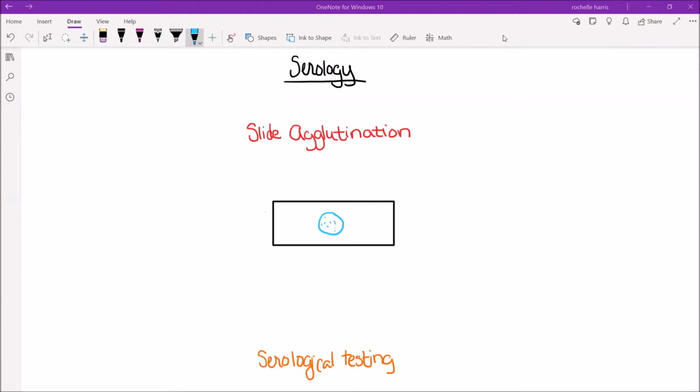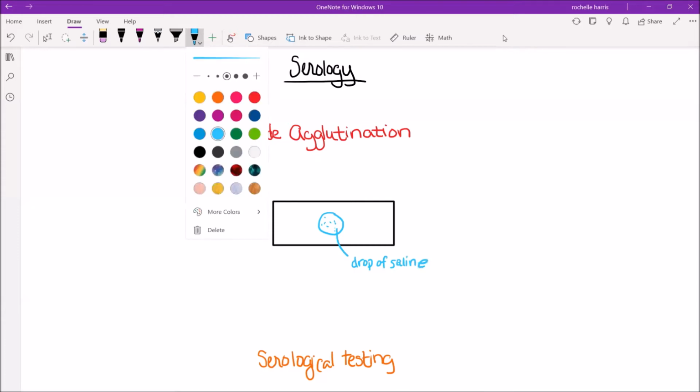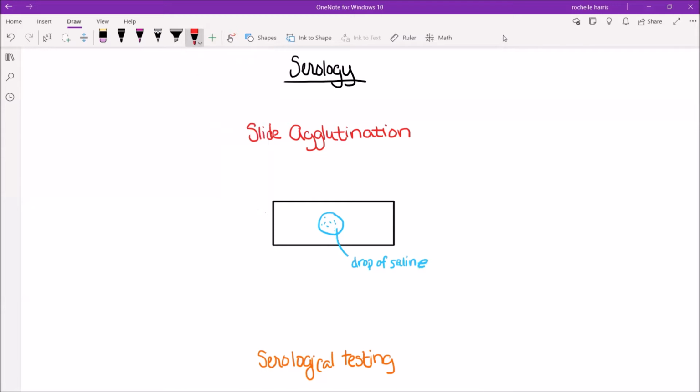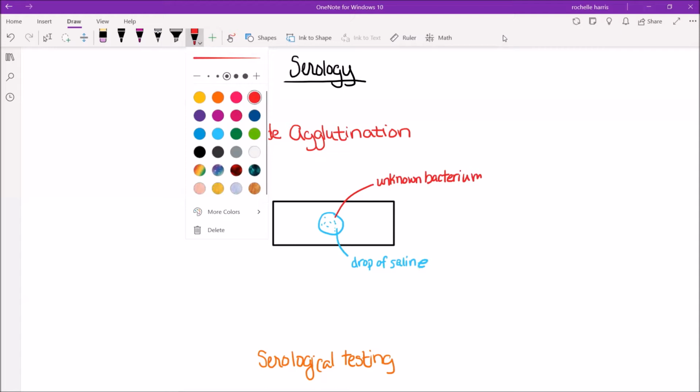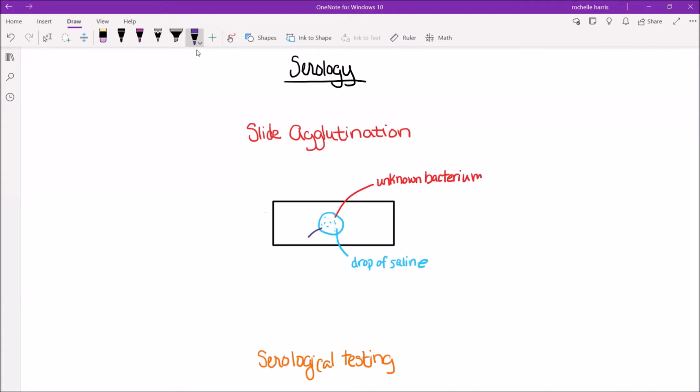On these slides we'll have a drop of saline, we will also have our unknown bacterium, and then we will also have our known antiserum.